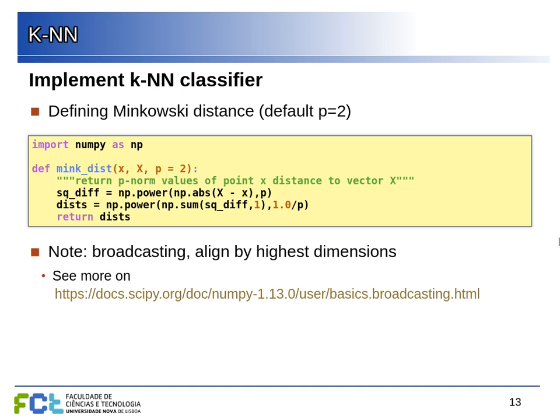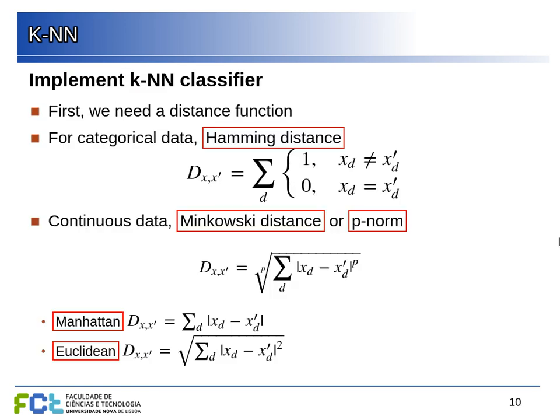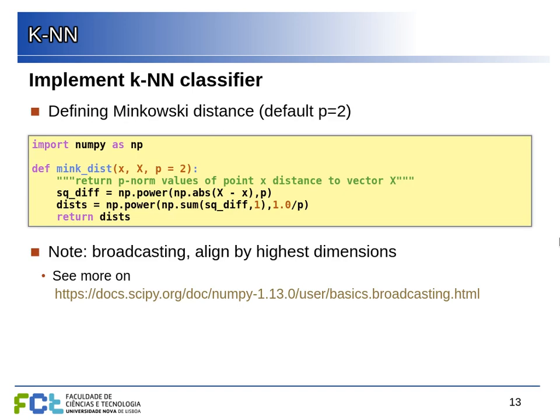And then we're going to compute the absolute value of each of these differences, and we're going to raise all these differences to the power of p. And now we're going to sum and raise everything to 1 over p. So we are doing this computation, and then we are doing this root here. And finally, we return the distance.